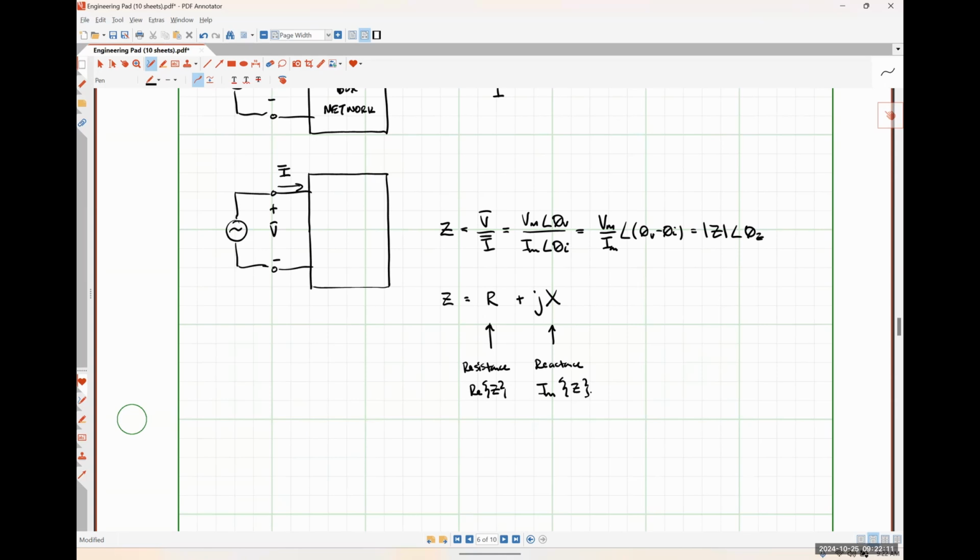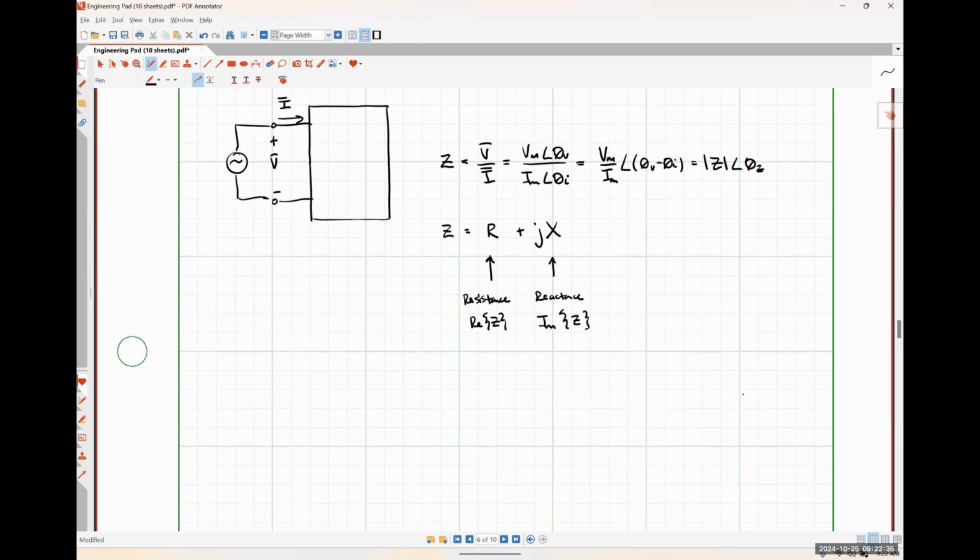So resistance is the real part, reactance is the imaginary part, and because we have a polar form representation and a rectangular form representation, we can use the relationships that we learned in class on Wednesday to go back and forth between these two forms, or more realistically, we can just press the button on our calculator to do it for us. Okay.